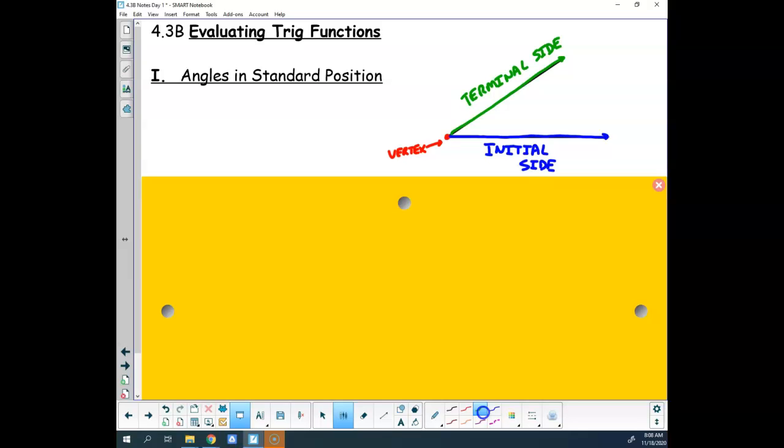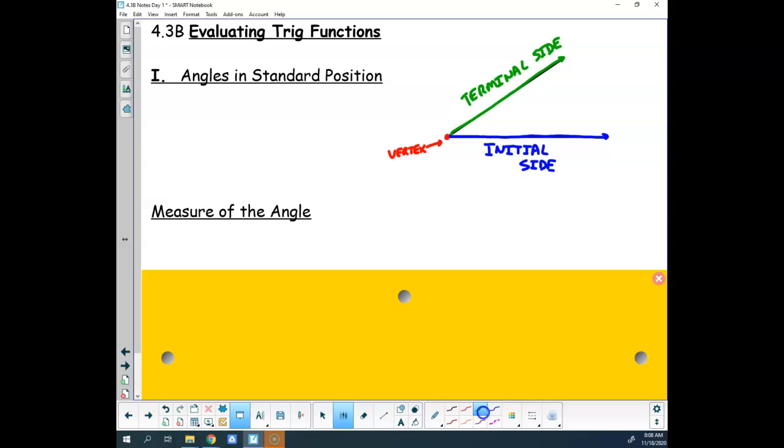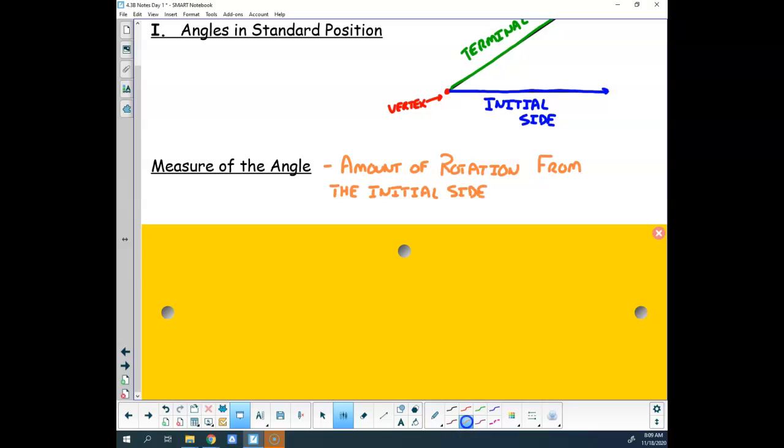The true definition of the measure of an angle is the amount of rotation from the initial side to the terminal side.